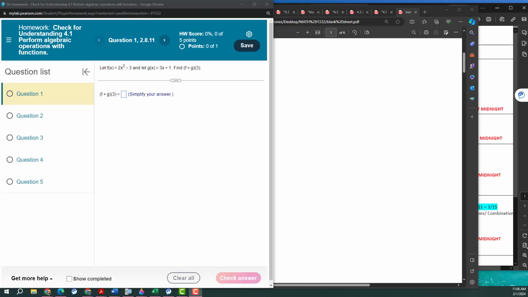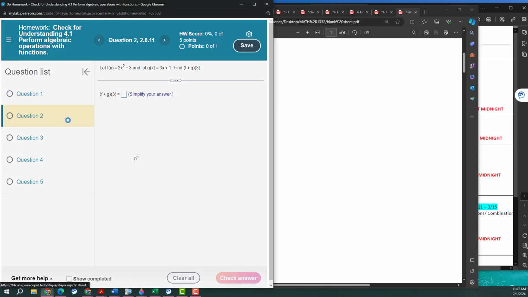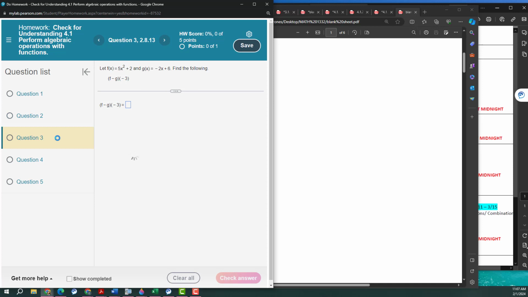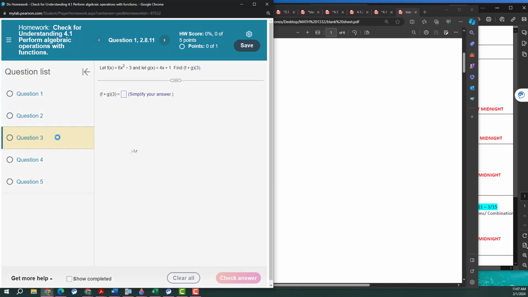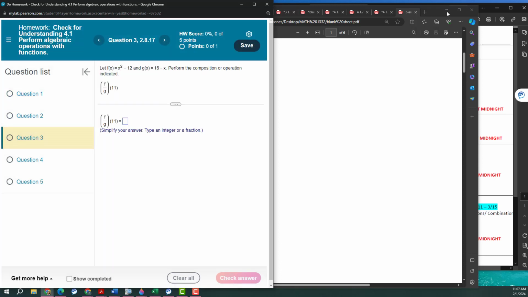All right, so 4.1 homework. They give us f of x, g of x, and then we're going to be performing some of these operations. So f plus g. Let me look at number 3. 1 and 2 are pretty simple, but I'm going to do number 3.